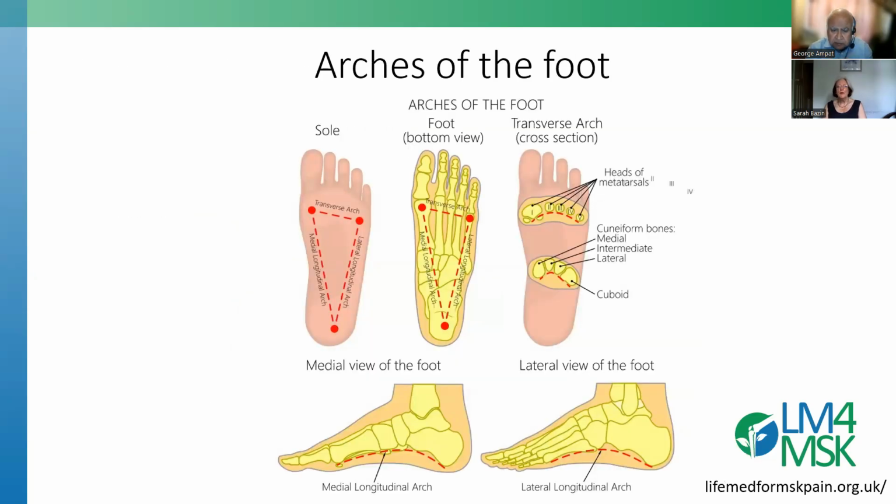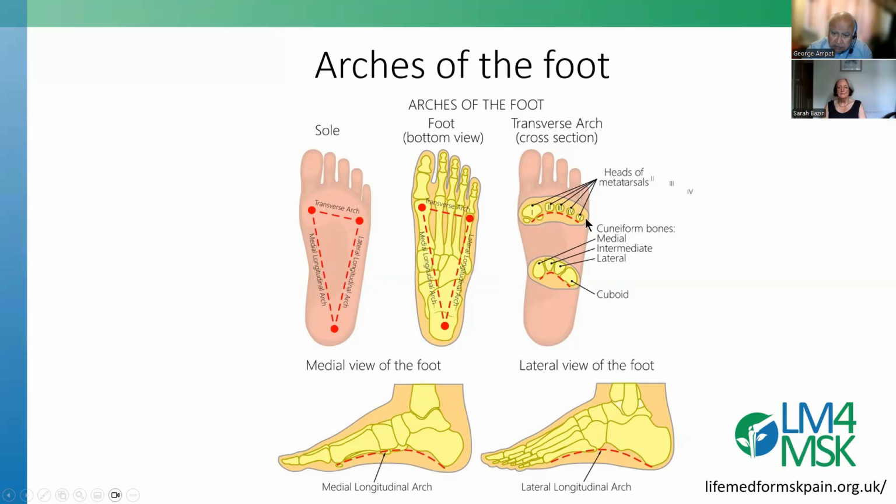Because we are bipeds, that is, we have only two legs, unlike quadrupeds which have four legs, we need to balance on our foot, and there are multiple arches. From front to back, there is the lateral longitudinal arch on the outer side and the medial longitudinal arch on the inner side.